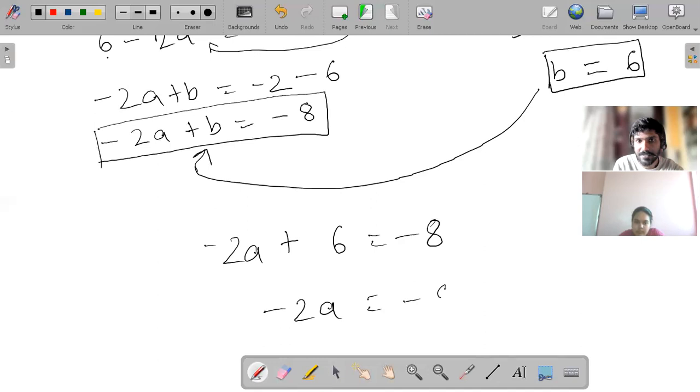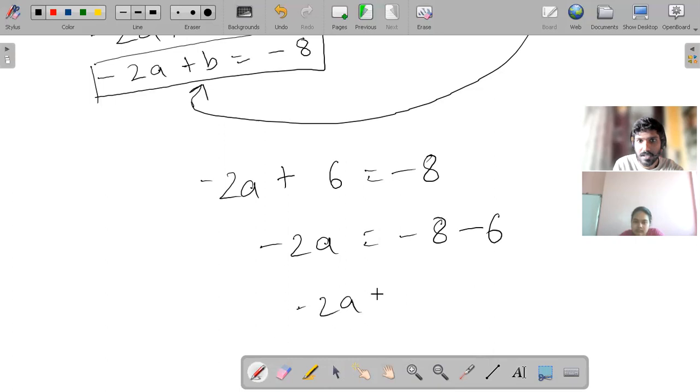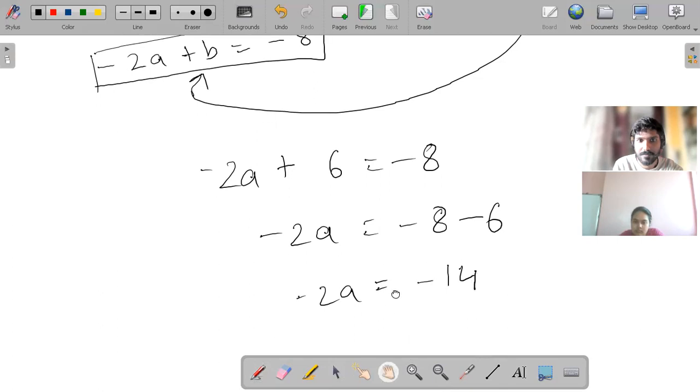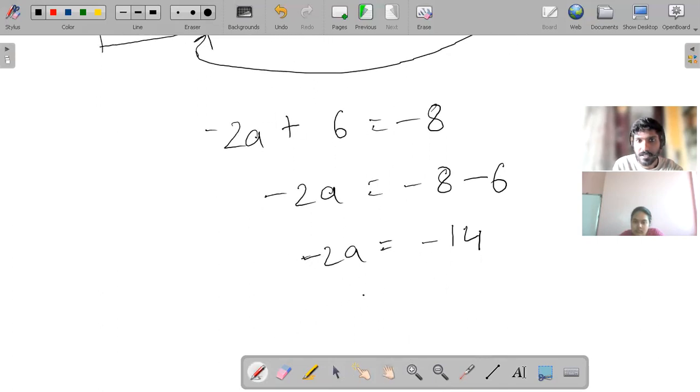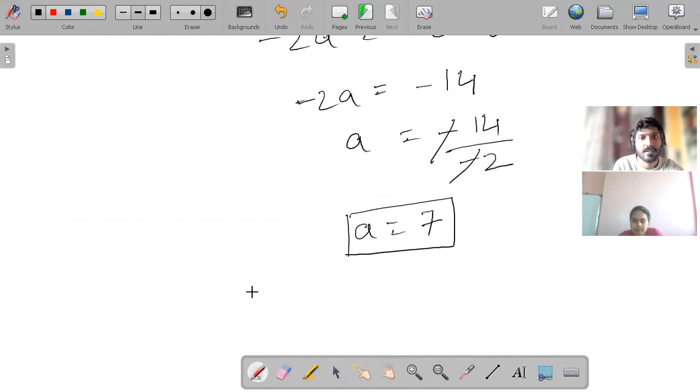You will have minus 8 minus 6, which will be minus 14, right? Now you can take the 2 on the other side. So it will become minus 14 upon minus 2. Minus minus will get cancelled and you will have 7. So now the coordinates of D will be 7, comma 6. Now it's correct.